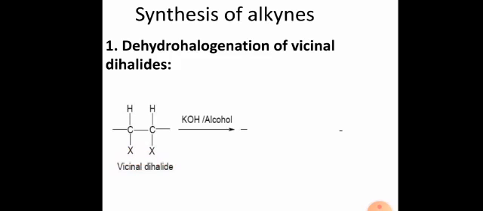Now we have to treat them with alcoholic base, just like we did in the case of alkenes, but there we had just one alkyl halide, a monohalide, right? Now we have two halides here, so we are going to remove them one by one.